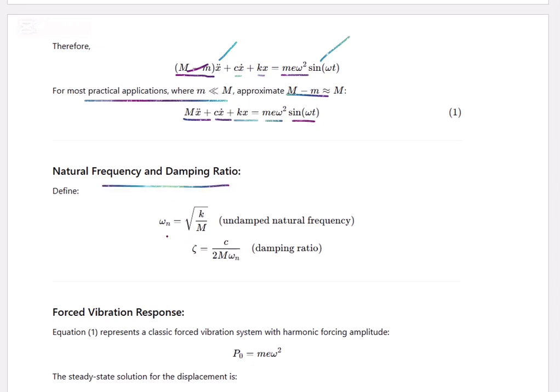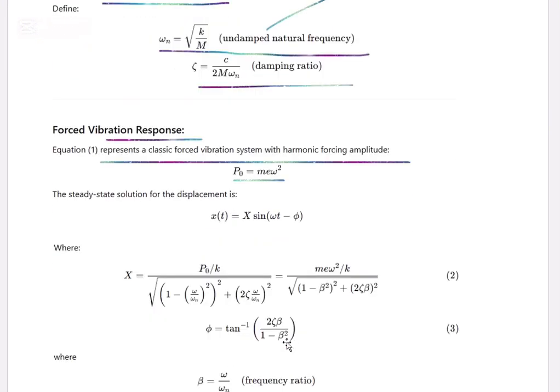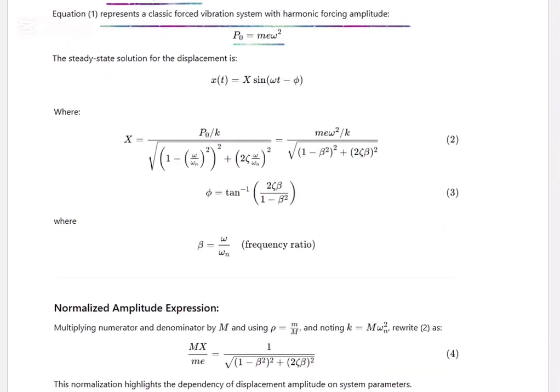Natural frequency and damping: omega n equals square root of k by M, the undamped natural frequency, and this is the damping ratio rho. The forced vibration response we can get from the equation. This is the harmonic force amplitude. The steady state solution displacement is x of t equals capital X sine of omega t minus phi.